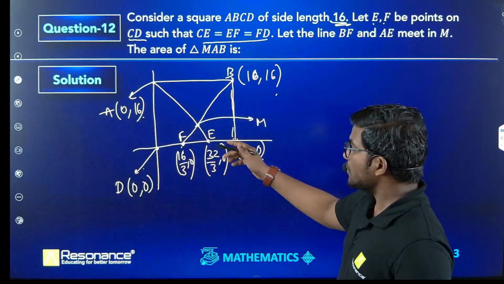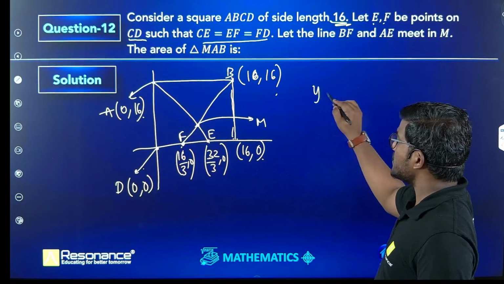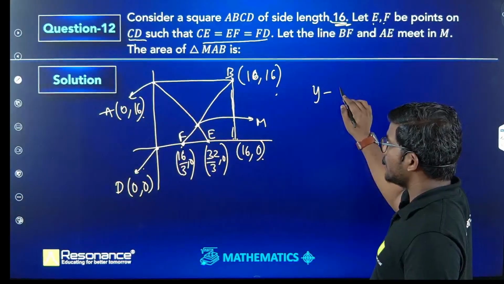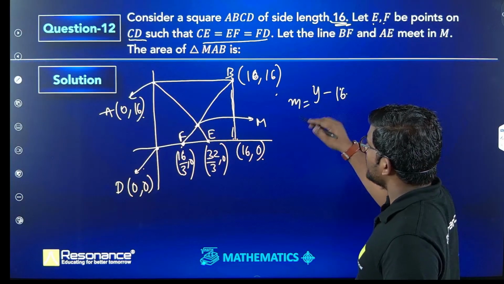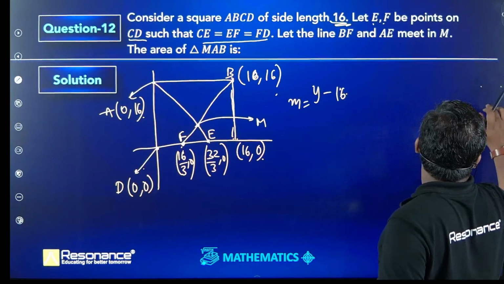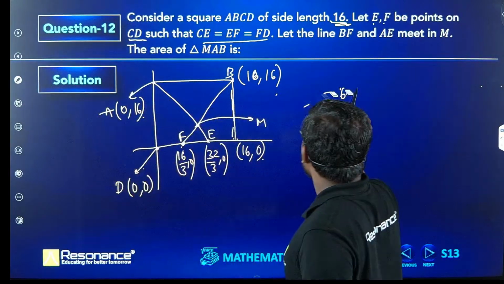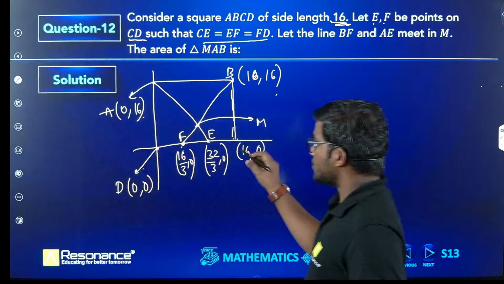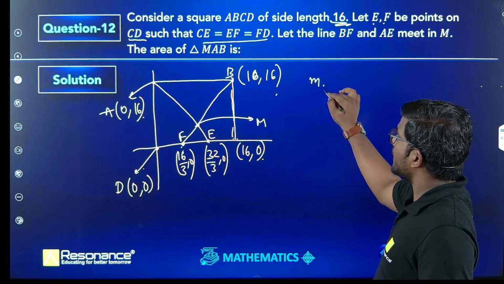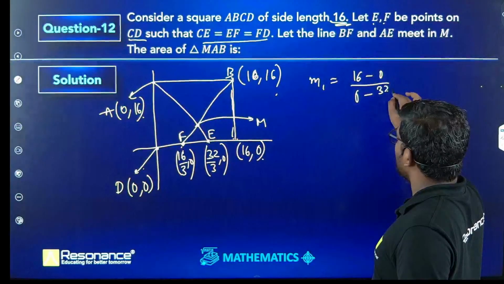Now it's easy to identify the line AE. The slope would be what? 16 minus 0 by 0 minus 32 by 3.